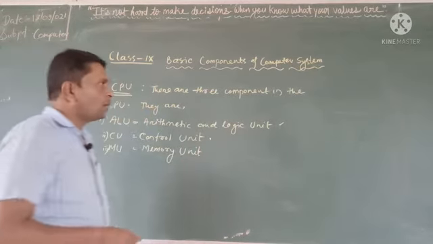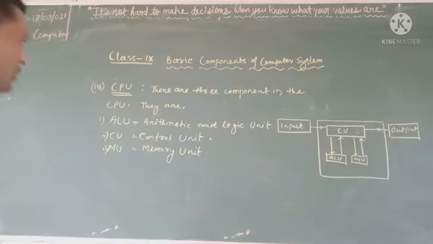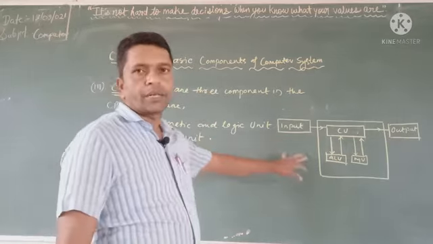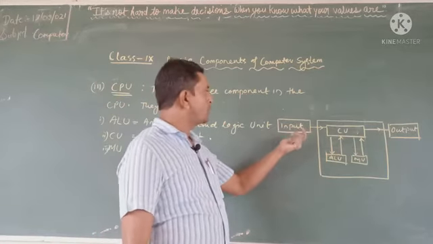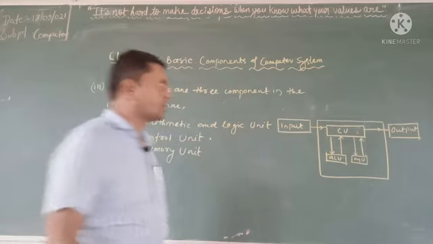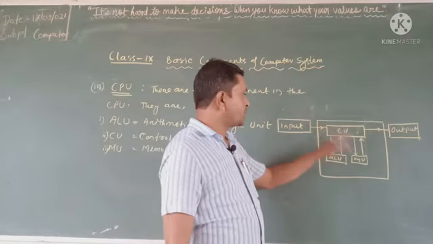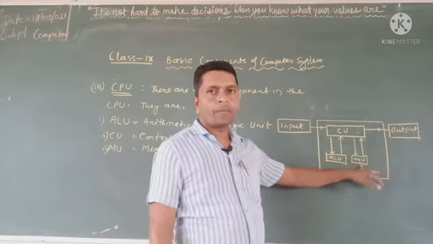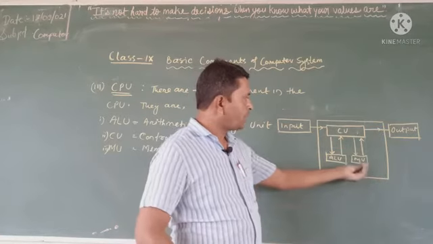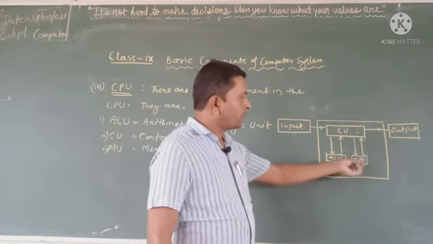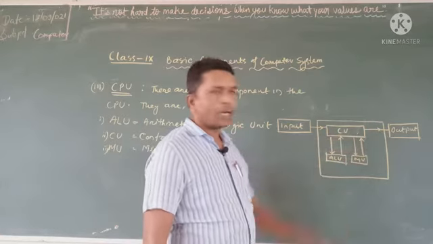Okay, so how is it processed? Look at how the CPU works. The input device is where we input the data or instructions to the computer. Once the instructions are input, they are stored in the memory unit. After storing, the control unit instructs what to do.